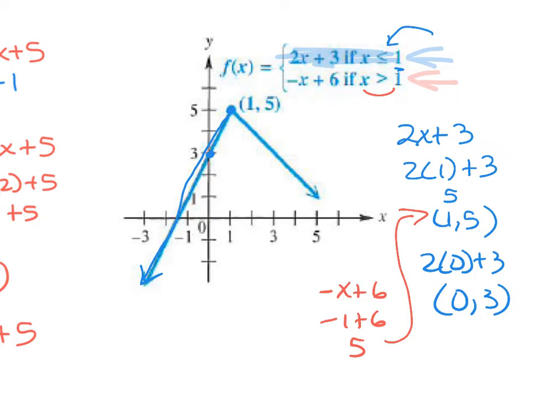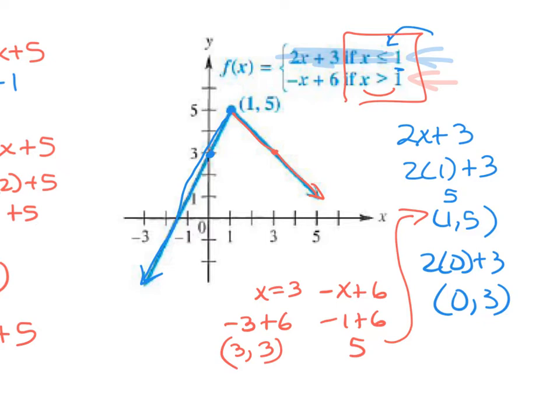So if I plug in x equals 3, negative 3 plus 6, and I get 3. So I would graph the ordered pair 3, 3, and then put a point, and then graph it. So you're just graphing 2 different functions on the same coordinate plane, and you can either use the slope and move it that way, or you can plug in different values for x that satisfy this restriction here.